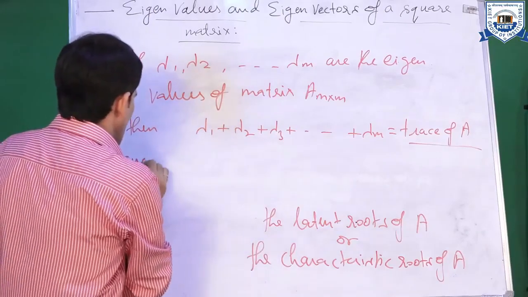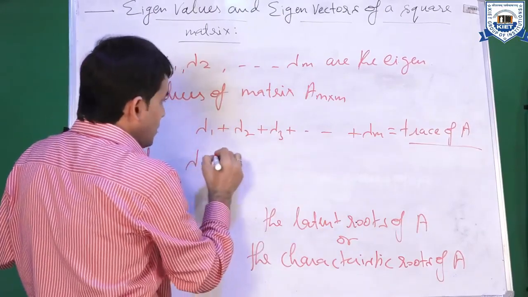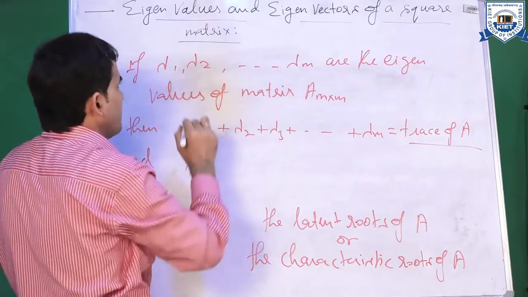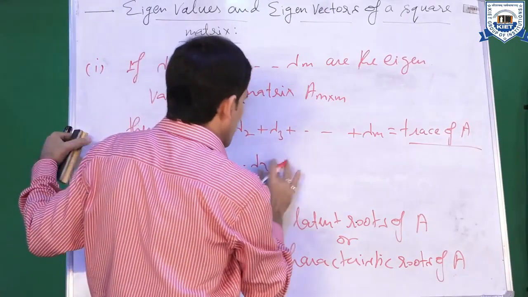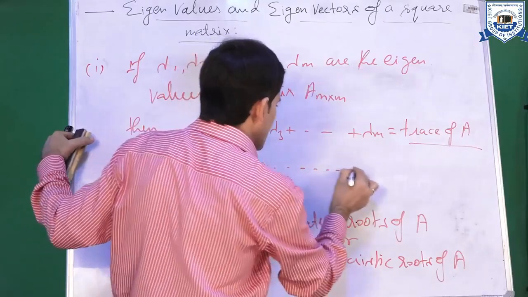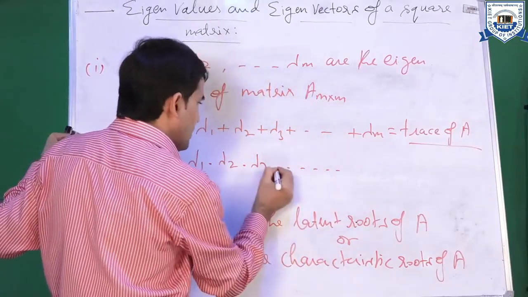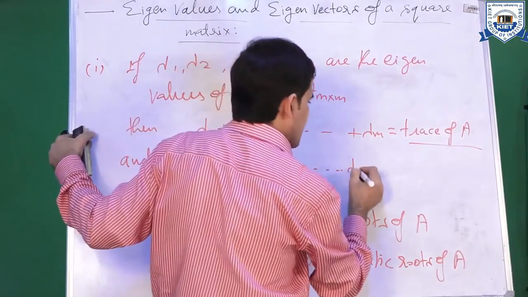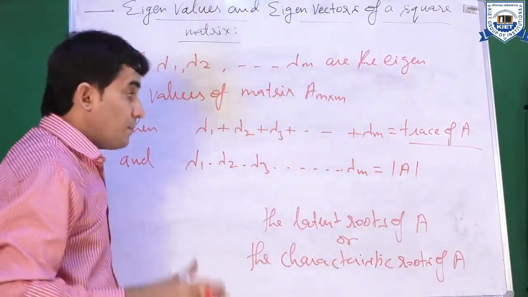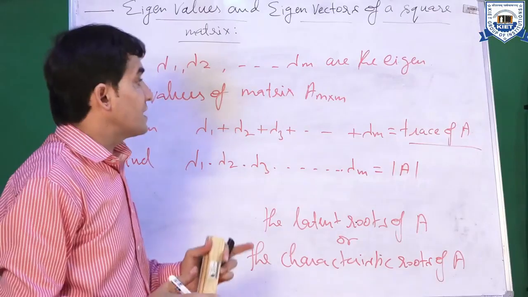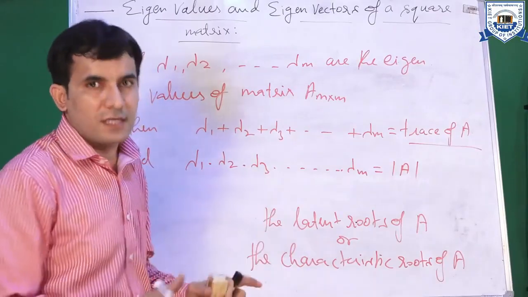And the multiplication of these eigenvalues, lambda 1 into lambda 2 into lambda 3 into dash dash into lambda m, where dot represents simple multiplication, is equal to determinant of A. The product of all eigenvalues of matrix A is the determinant of matrix A.